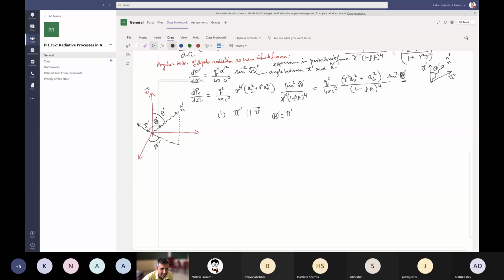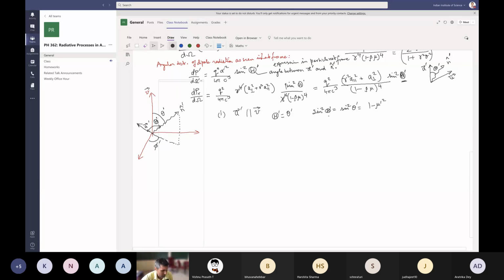Acceleration and v lie in this zx plane. Now if a prime is along v, then it's along the z-axis, so theta prime and capital theta prime are the same. So what is sine squared? Sine squared capital theta prime is equal to sine squared theta prime, which is equal to 1 minus mu prime squared, 1 minus cos squared theta prime.